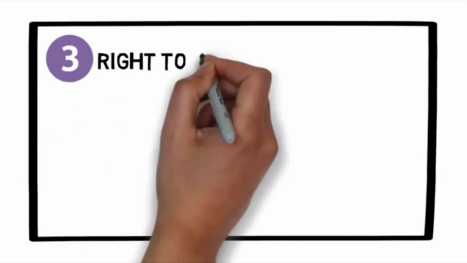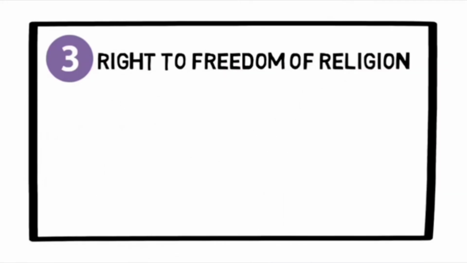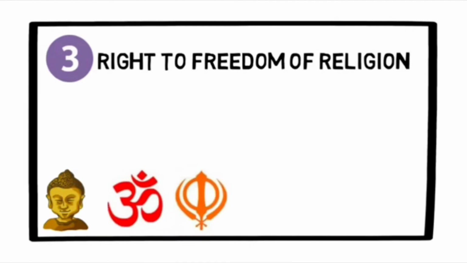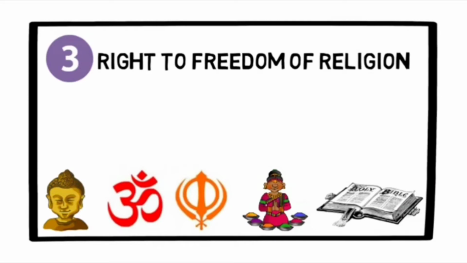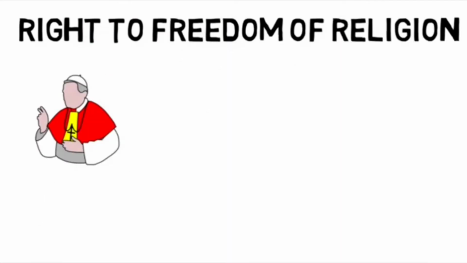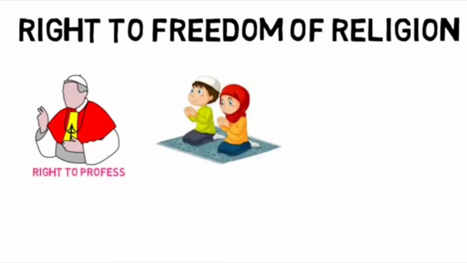The third fundamental right is right to freedom of religion. India is a secular country, so we have the freedom to profess, that is, freedom of religion, right to practice any religion or propagate our religion.